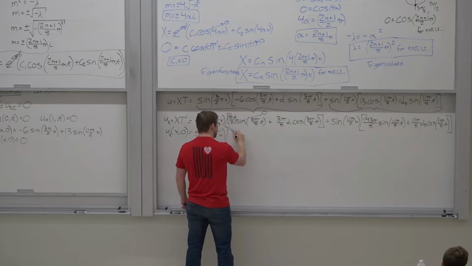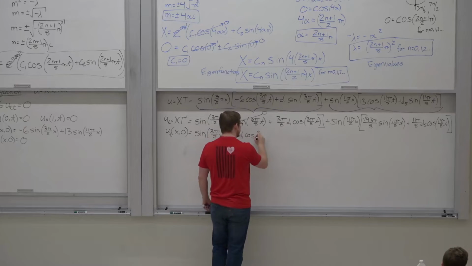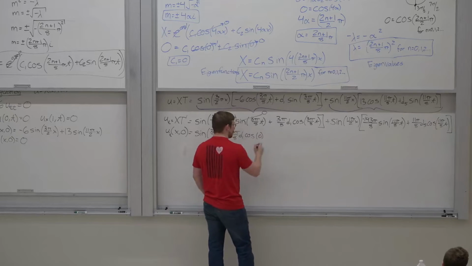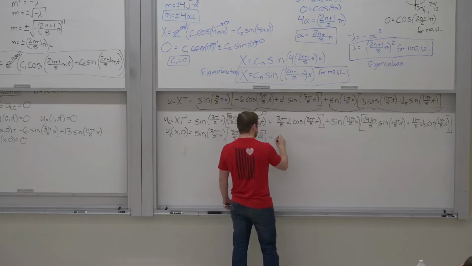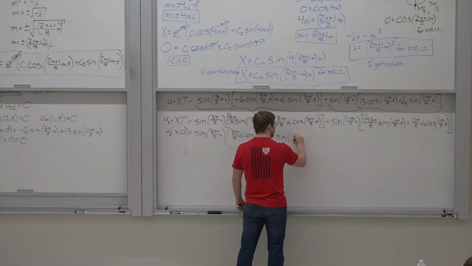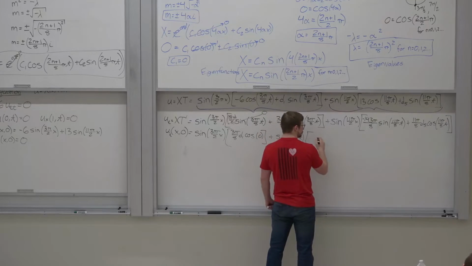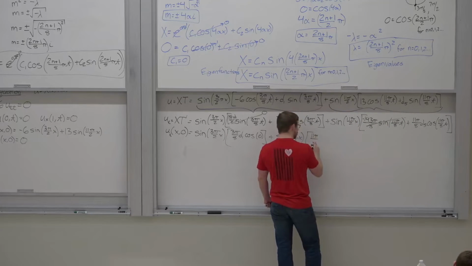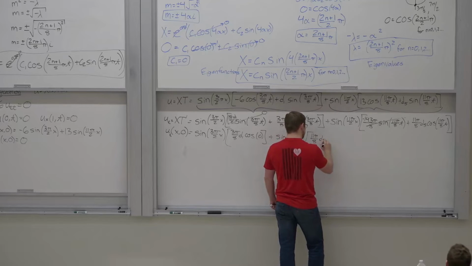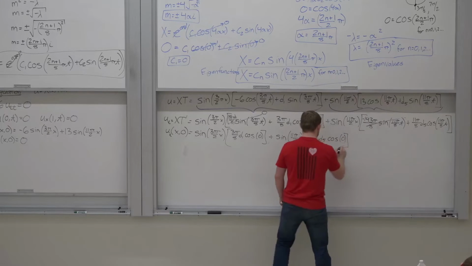So I'm going to have 3 pi over 8 d1 cosine of 0, plus sine of 11 pi over 2x times this whole thing's going to go to 0. So we have 11 pi over 8 d5 times cosine of 0.